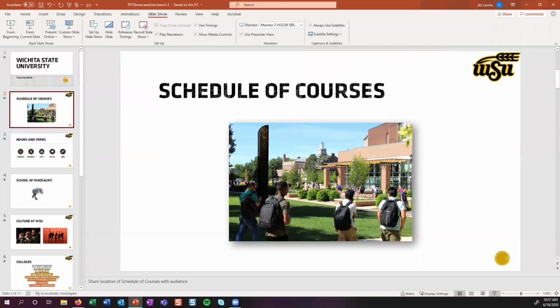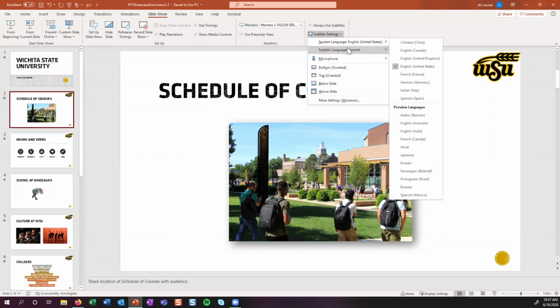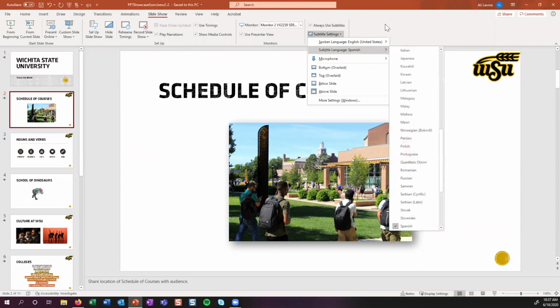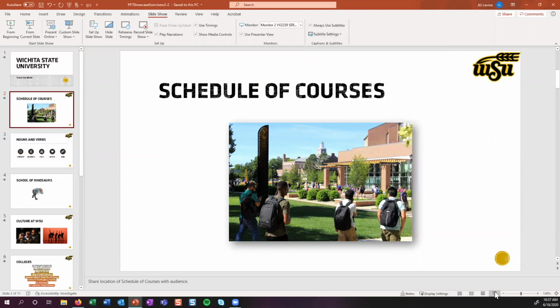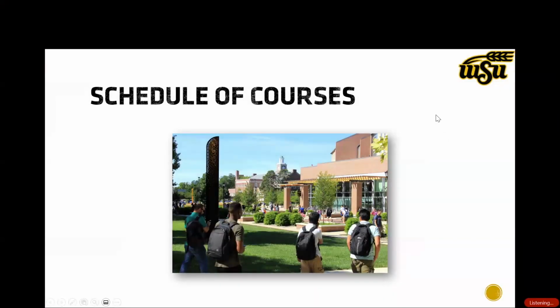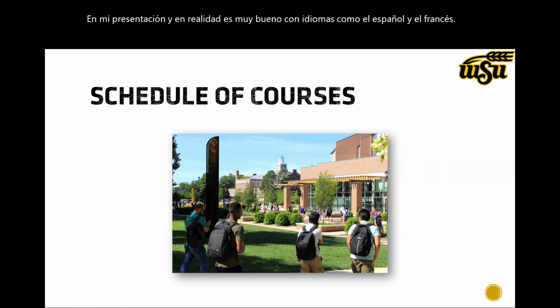Espanol. Okay, and notice I have a spoken and a subtitle. So I'm gonna speak English and have a subtitle language of Spanish, starting my presentation. And actually it's really good with languages like Spanish and French, Latin languages or common languages.